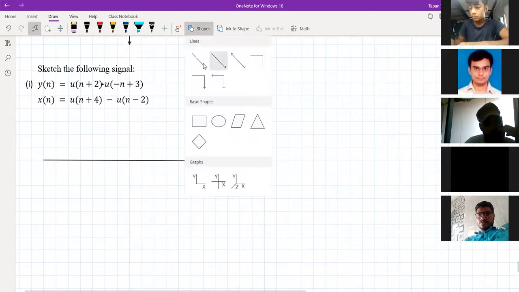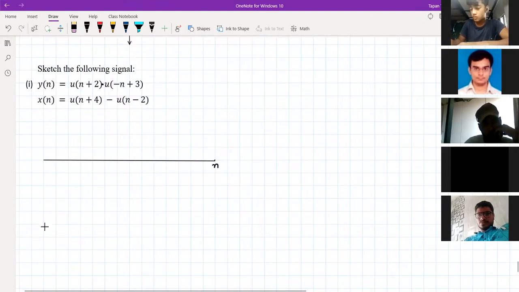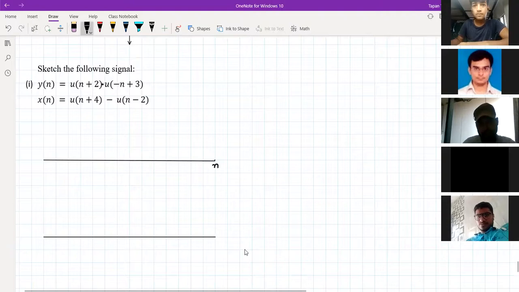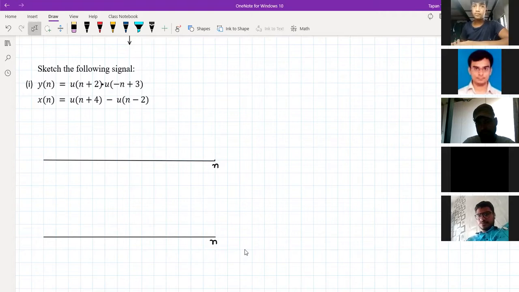Okay, u of n plus 2. It's a discrete time step sequence, remember.